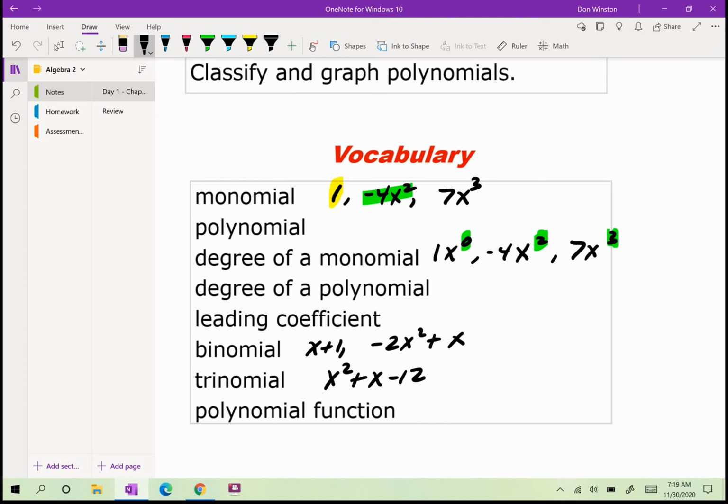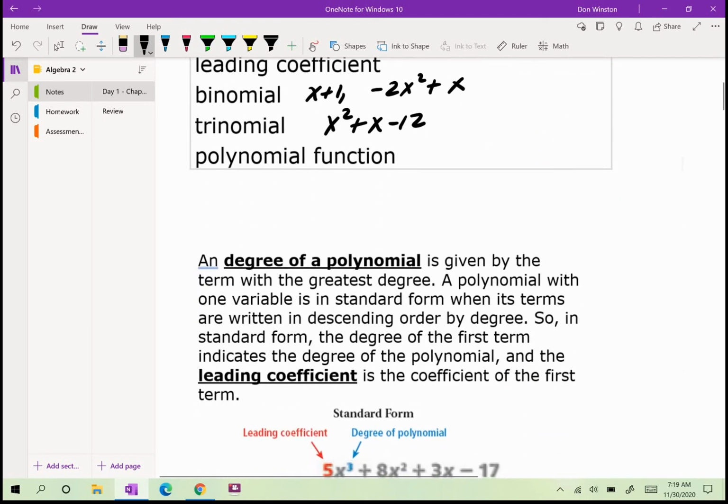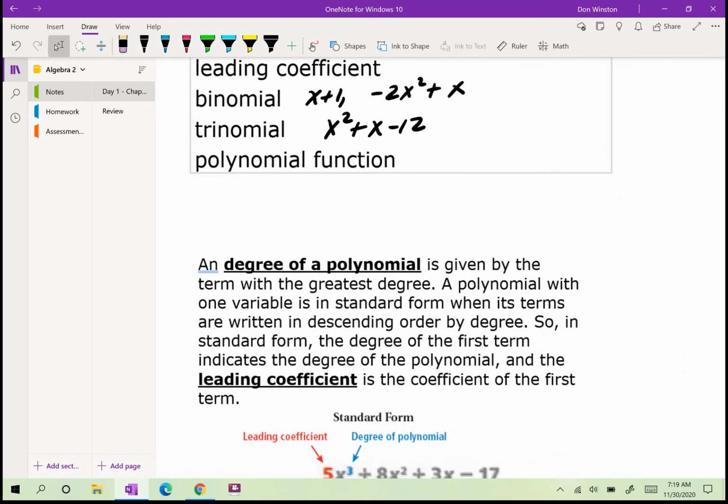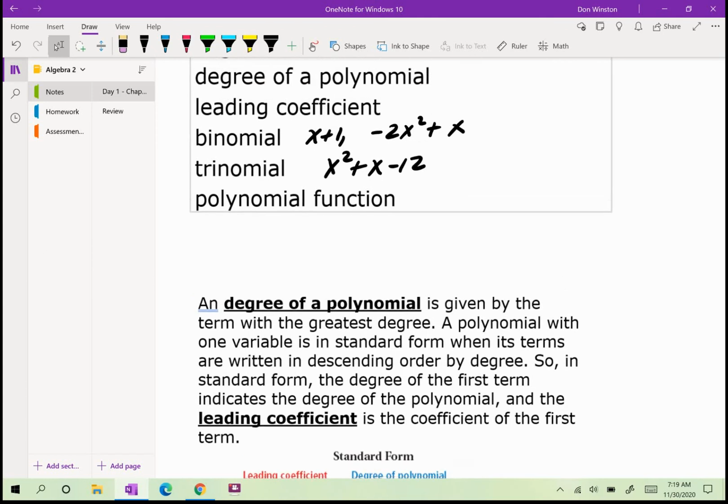All right, so let's define the terms that I did not talk about or write anything about. The degree of a polynomial is given by the term with the greatest degree. So for example, for x squared plus x minus 12, the degree of that polynomial would be 2 because 2 is the largest exponent I have.